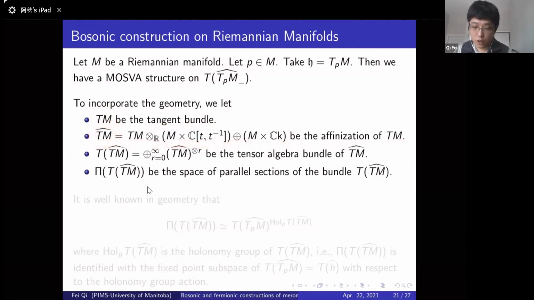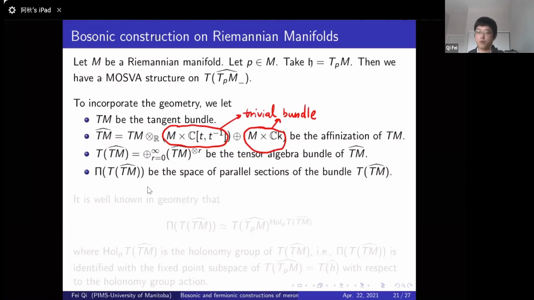Here, this M tensored with the space of Laurent polynomials is regarded as a trivial bundle. Similarly, this other piece is also regarded as a trivial bundle. That way we have a well-defined bundle, and we can consider the tensor of the bundles.